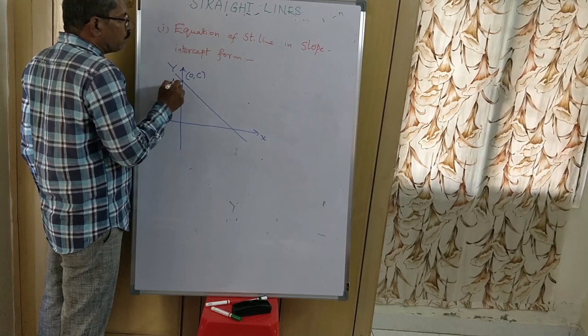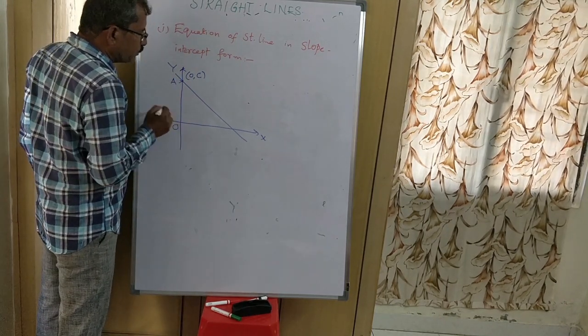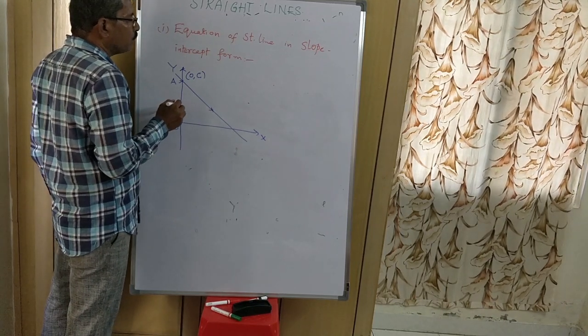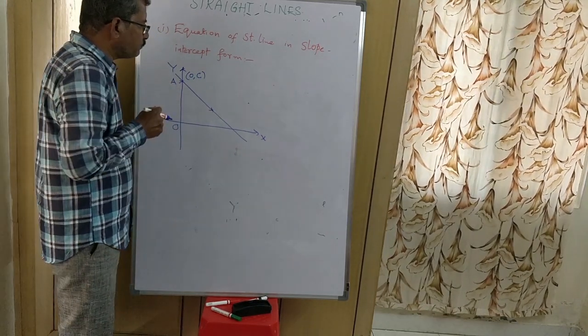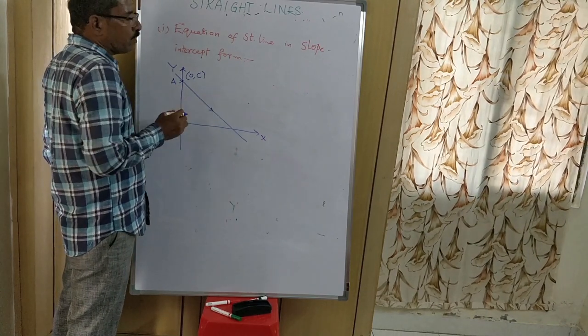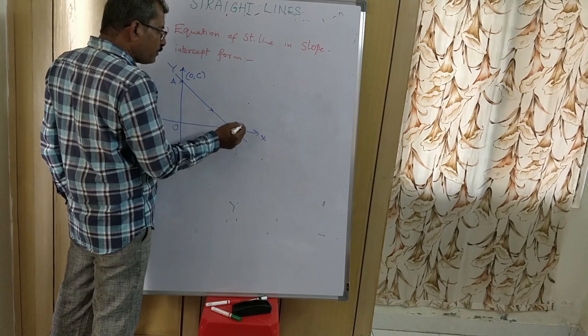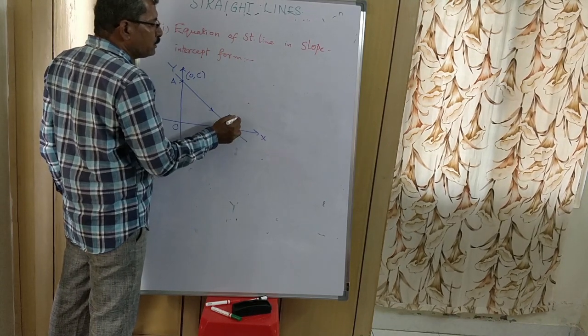Say this is a point, this is 0, and any point on this line is x1 comma y1, and the angle made with the x-axis is theta.